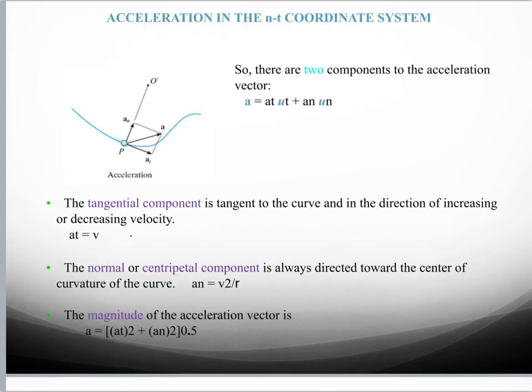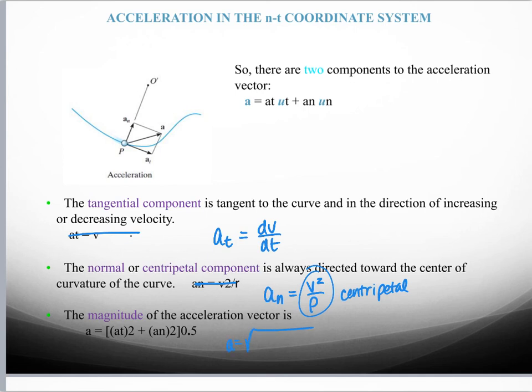So here we'll say that the tangential component of the acceleration is caused by a change in the speed, and the normal component is caused by a change in the direction, which, if you recognize, is centripetal acceleration. And then the magnitude of the acceleration can be found, again using the Pythagorean theorem, by taking the square of each component and taking the square root of those.